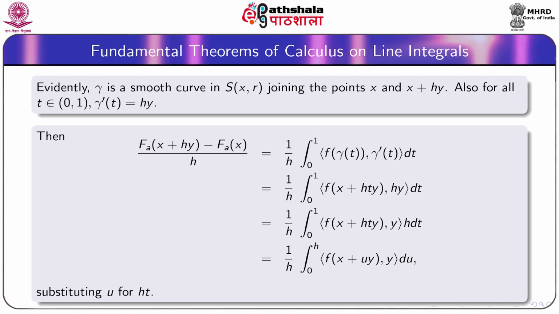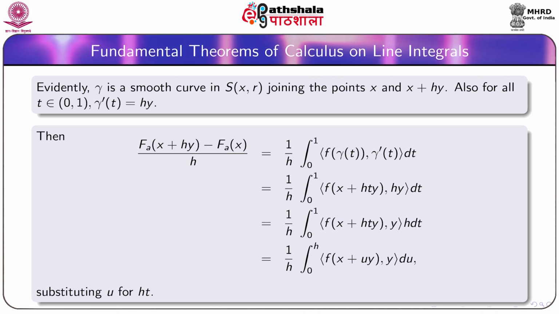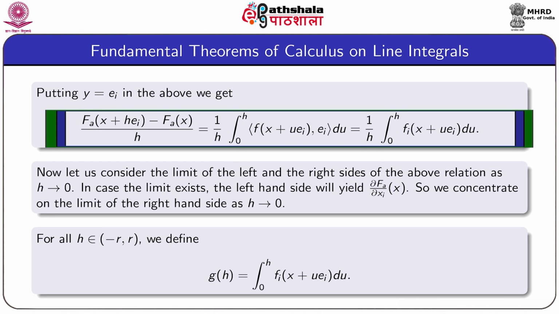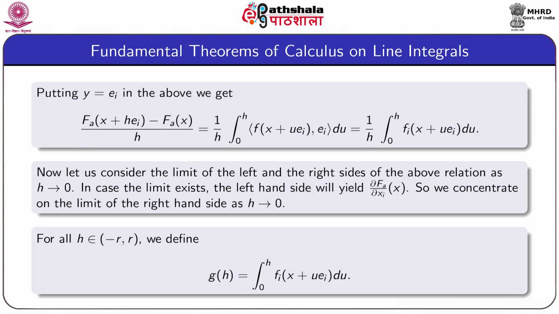So we have the given integral equals 1 by h times the integral from 0 to h of the inner product of f(x + uy) and y du. Now in the above we put y equal to e_i, where e_i denotes the ith unit coordinate vector. Then we find f_a(x + he_i) minus f_a(x) by h equals 1 by h times the integral from 0 to h of the inner product of f(x + ue_i) and e_i du. So this is 1 by h times the integral from 0 to h of f_i(x + ue_i) du.